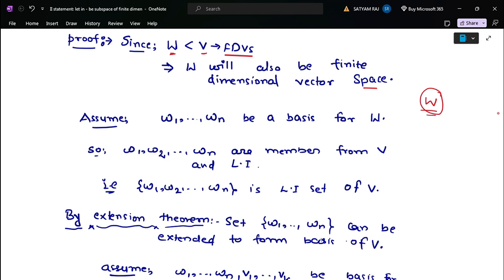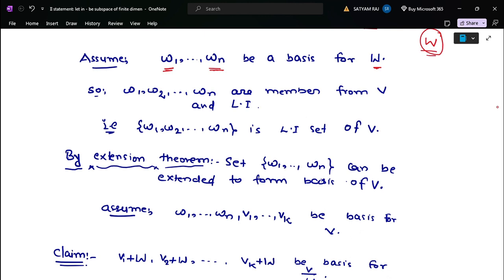So we assume W1 to Wn is a basis for W. Since it is finite dimensional, we have a finite number of elements in the basis. This is a basis, so it will be linearly independent in W and it will span W. Both conditions will hold.